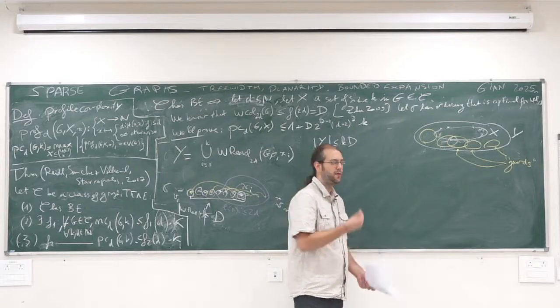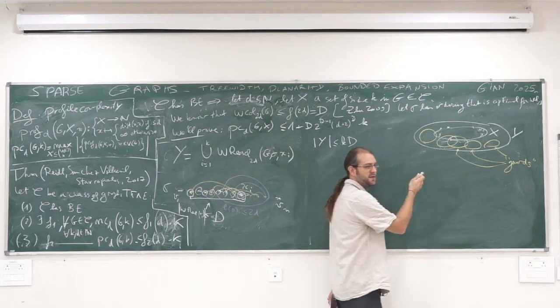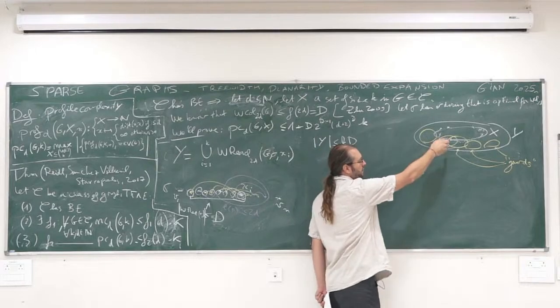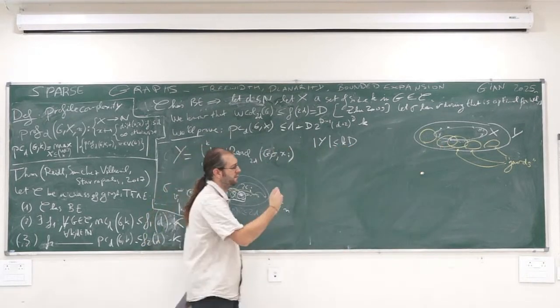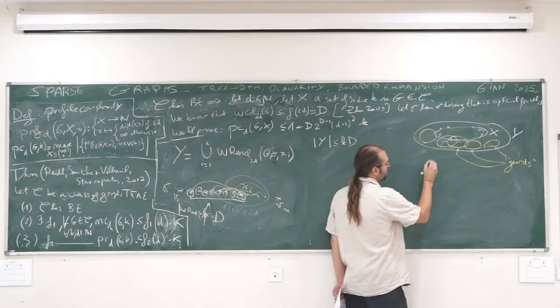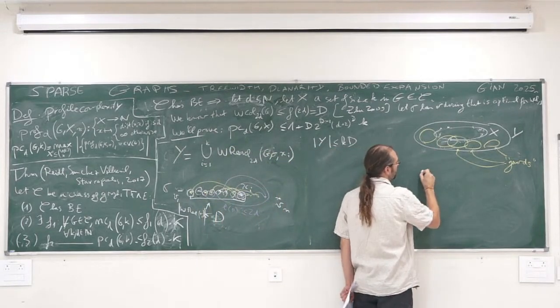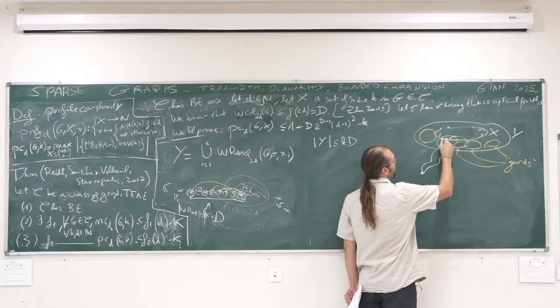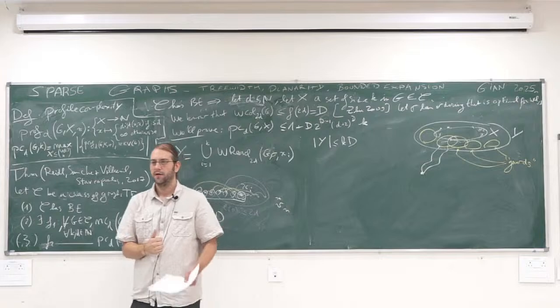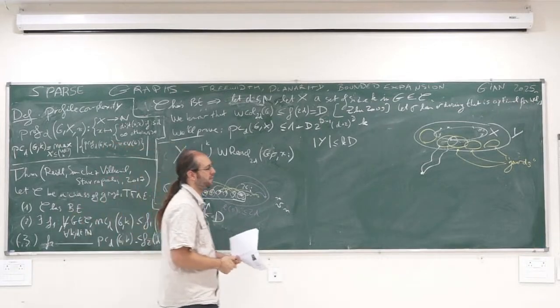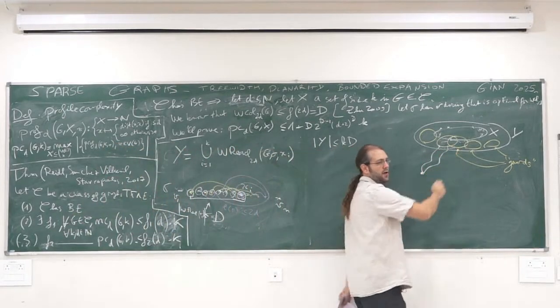That means that you take any vertex in your graph which is at distance at most d from x. If it is more than d, we don't care, it is infinity profile. There will be one of these yellow sets such that all the paths to x will go through this yellow bubble. So for each vertex of your graph, there will be one of these yellow things which it has to go through.